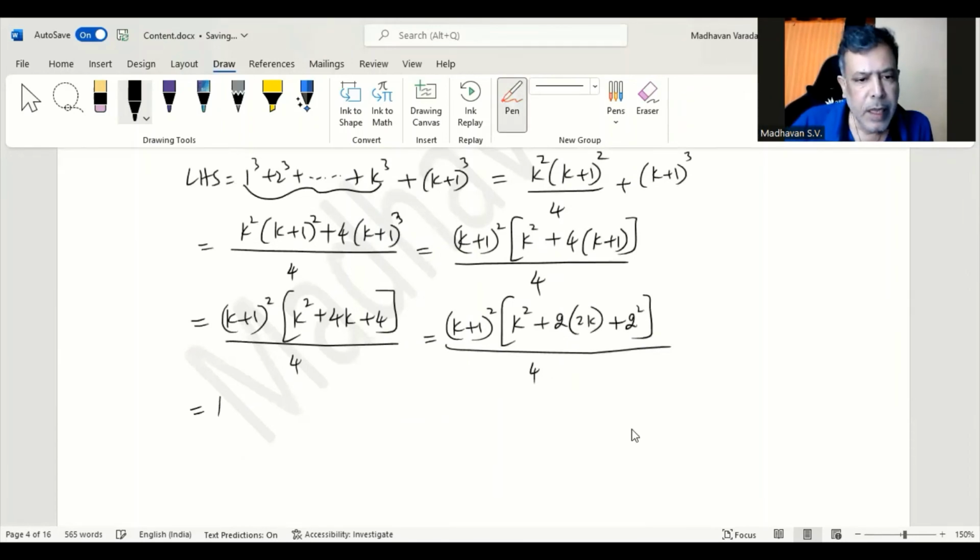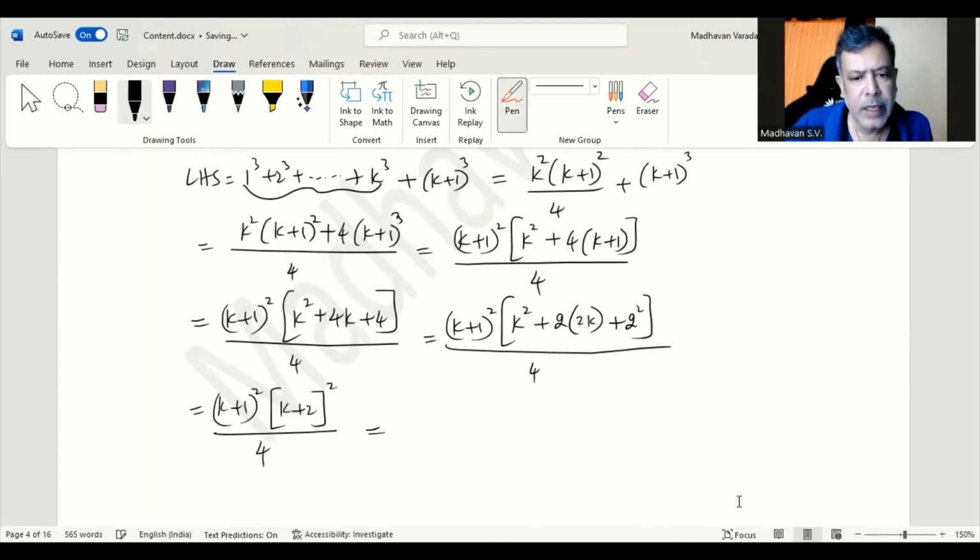That will be K plus 1 the square, and if we look into this, this is like A plus B the whole square, which means K plus 2 the whole square. These two are the same, because K square plus 2 square plus 2 times 2K, you will get the same thing, divided by 4.